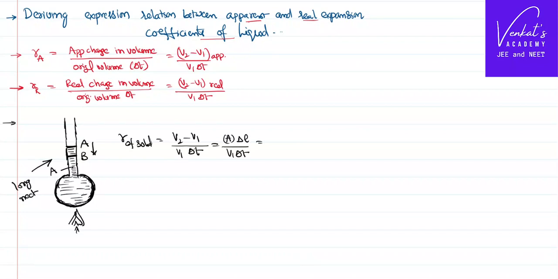So that can be written like area. Actually here the level has not increased, the level has fallen from A to B. Delta L is AB. Let the original volume be V, and delta T. From here I can write AB as gamma of solid, taking these terms to that side, volume into delta T by area of cross section.